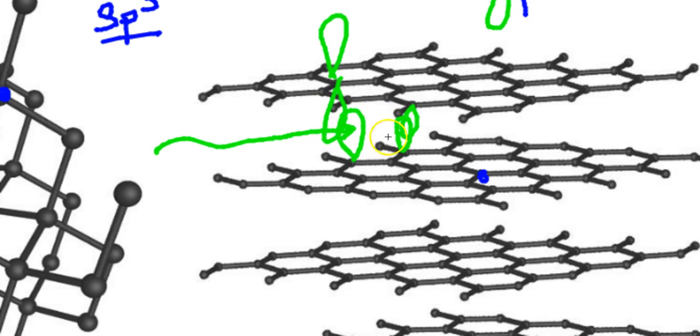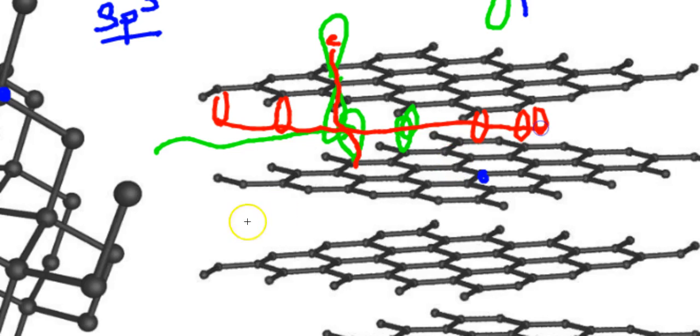We think they're dipole-dipole interactions, but basically electrons are able to move throughout these p orbitals. If every carbon gives off a p orbital pointing downward, these electrons can move throughout these p orbitals and be what we call delocalized.